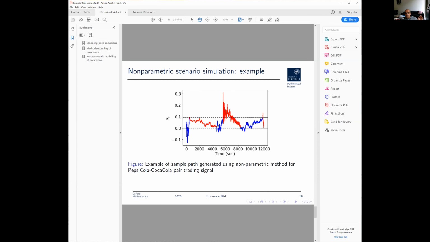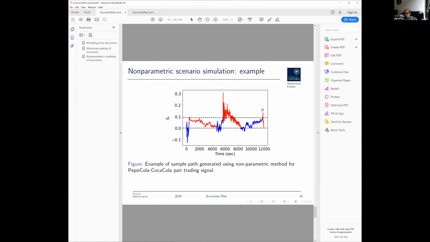So each of these delta excursions is a piece of the path actually followed by the signal, but this scenario over one day doesn't exist in my signal. It was obtained by pasting together 3 delta excursions from 3 different days. And in fact, I can also paste the blue and the red parts independently. So there are many ways you can do this.